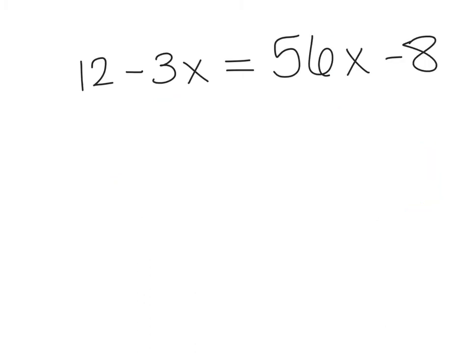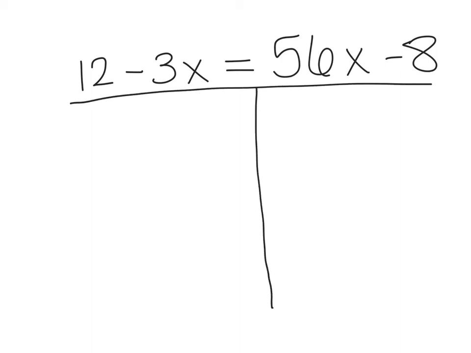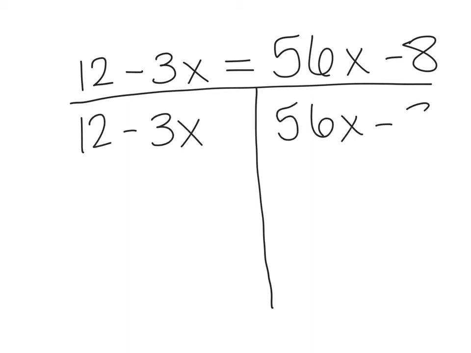At this point, we are ready to start balancing our equation. So I'm going to draw my line. Now I've got 12 minus 3x on the left, 56x minus 8 on the right. My goal is to get all of my variables on the same side. So what I'm going to do is subtract, actually no, let's add, because they subtracted 3x, to both sides.